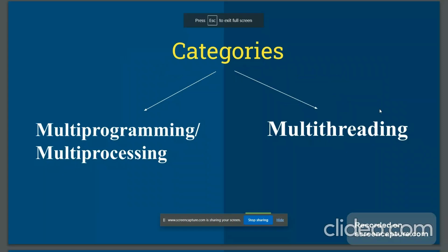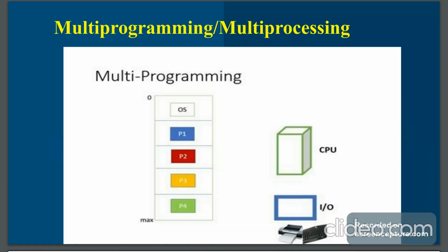So we will try to understand what is multiprogramming or multiprocessing and the difference between it and multithreading. Multiprogramming or multiprocessing means our computer system comprises a central processing unit and input output devices, and the main system software is the operating system, like Windows, Linux, and these days Android, iOS.